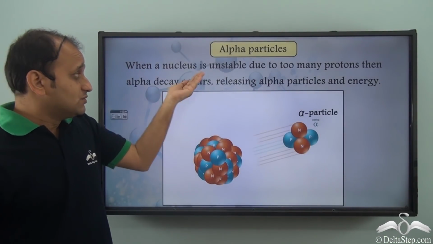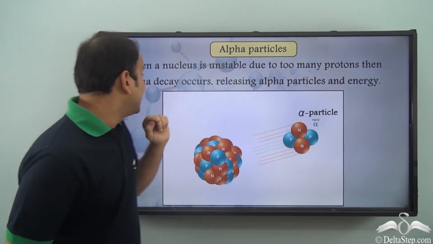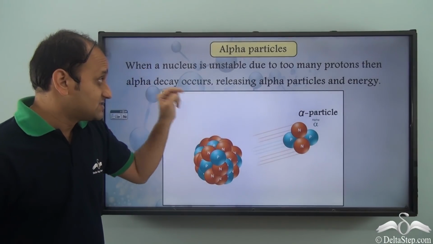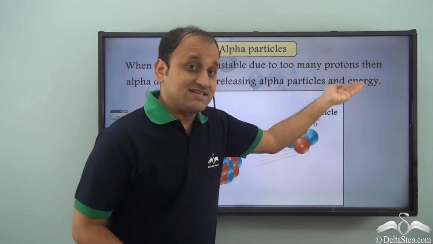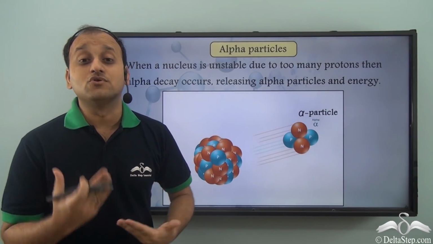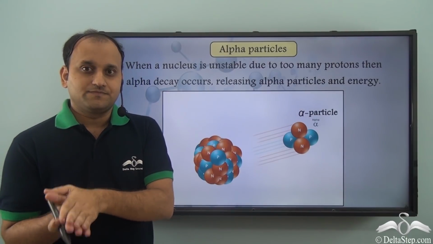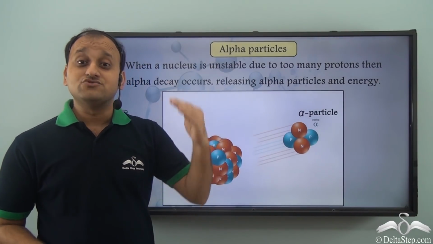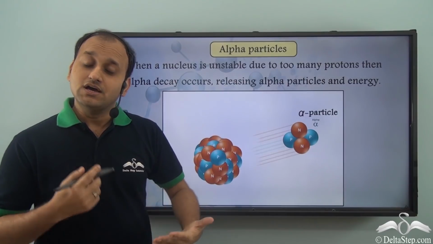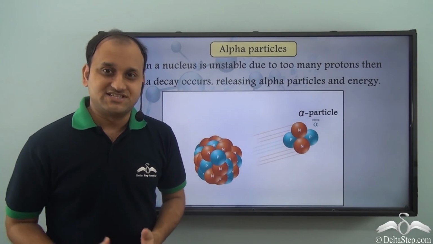So when a nucleus is unstable due to too many protons, then alpha decay occurs, releasing alpha particles and energy. So whenever a nucleus has too many protons, it releases an alpha particle, and as a result it tries to reduce the number of protons in the nucleus and achieve a stable state.